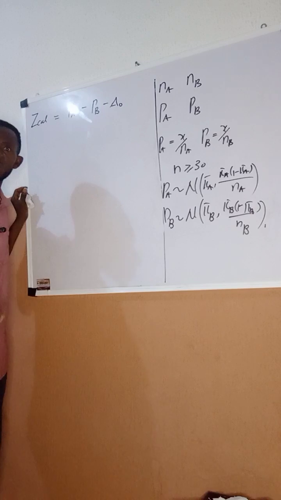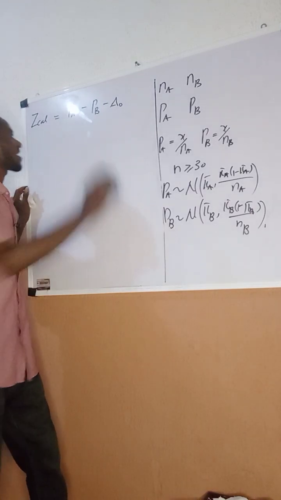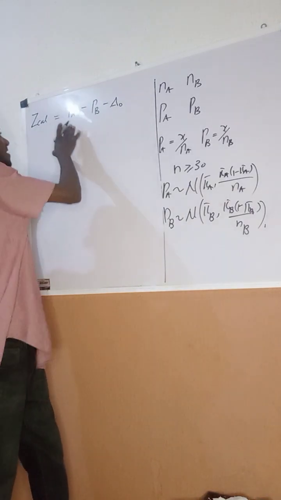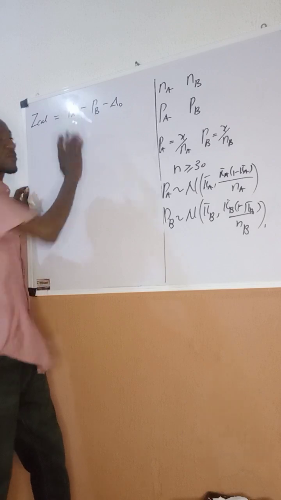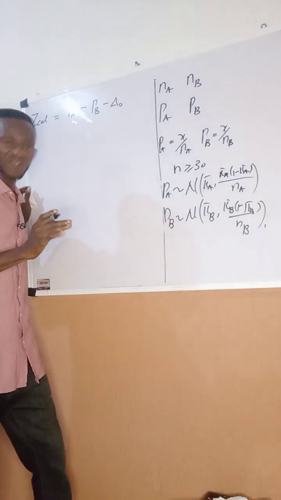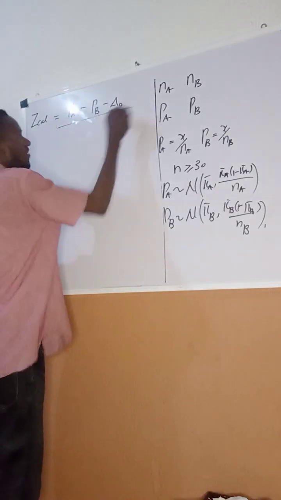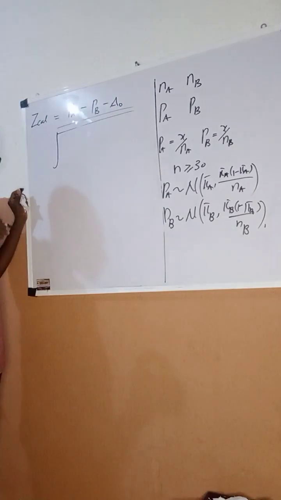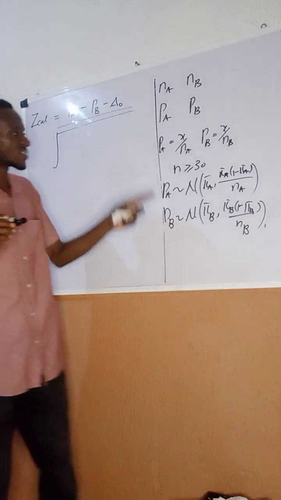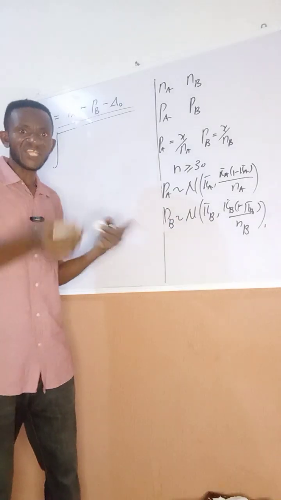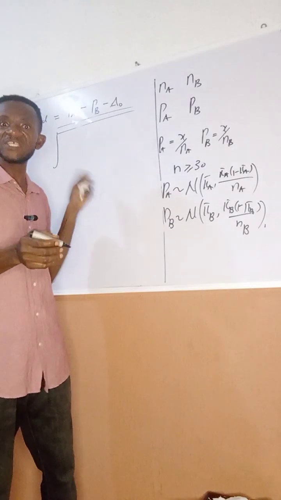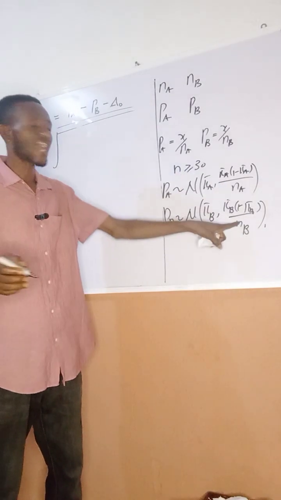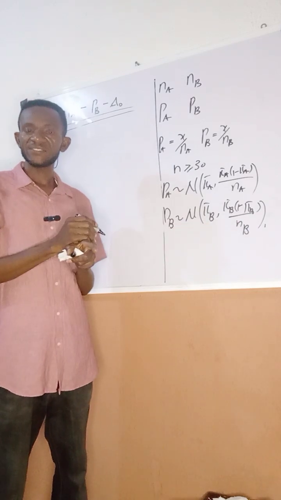This delta 0 is always 0, such that this can easily be written at times as P of A minus P of B, all over. To standardize, we are going to divide by the square root of the variance of this and the variance of this.